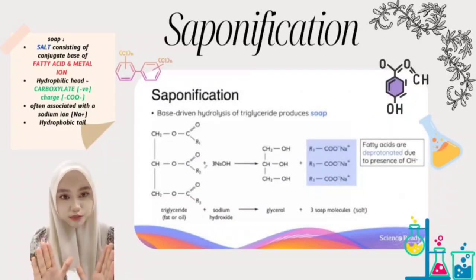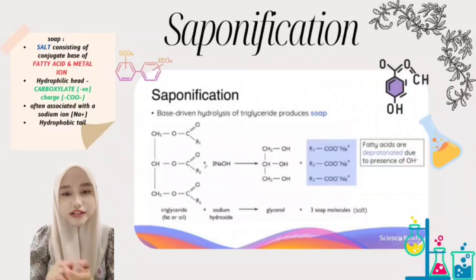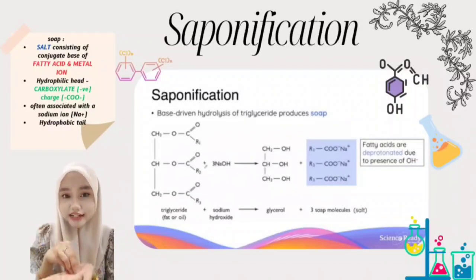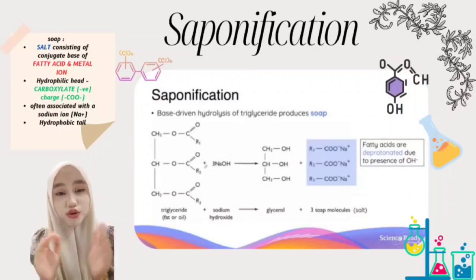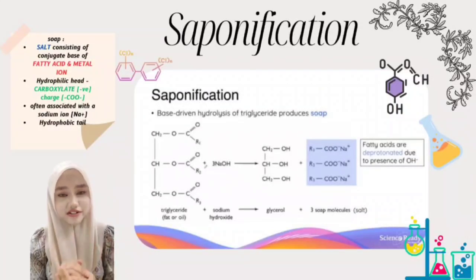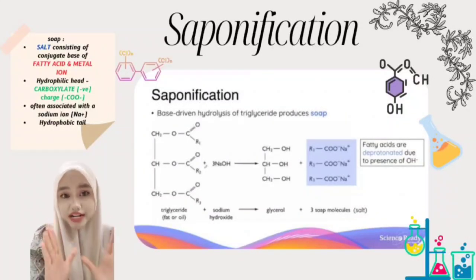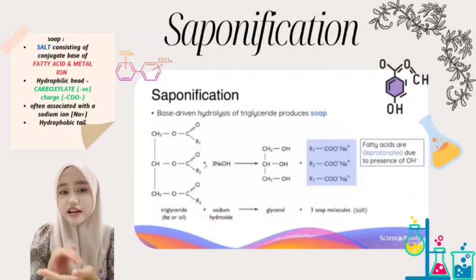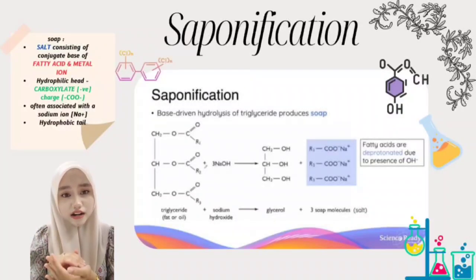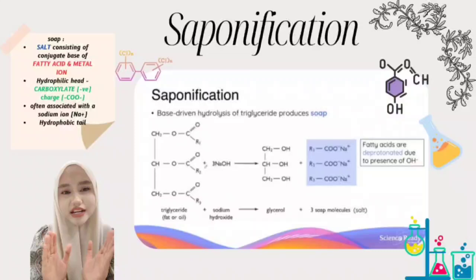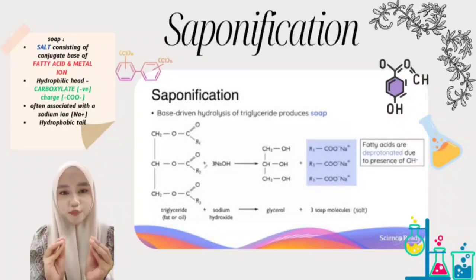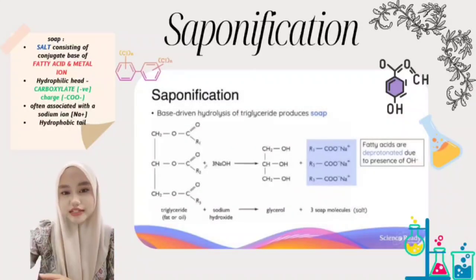In the saponification process, sodium hydroxide, NaOH, is added, and the hydroxide ion, OH-, reacts with the ester bond in the triglyceride. This reaction breaks the bond, releasing glycerol, a trihydroxy alcohol, and the sodium salt of fatty acid. The sodium salts are the soap molecules, which are amphiphilic, meaning they have both hydrophobic and hydrophilic properties.